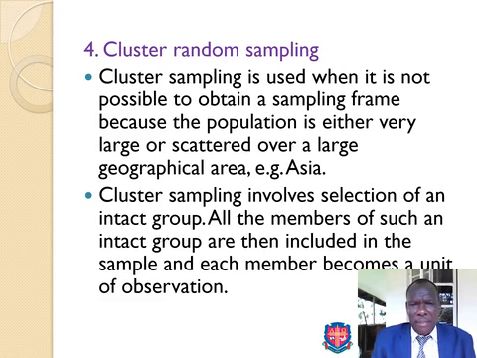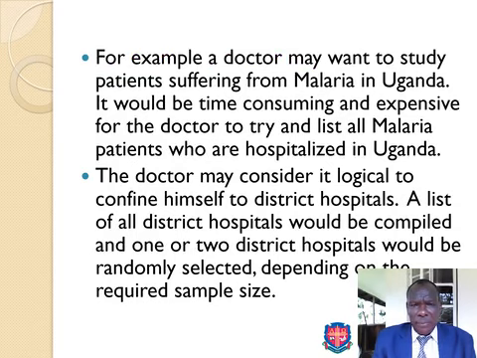So cluster sampling involves a selection of an intact group, and all the members of such a group are then included in the sample, and each member becomes a unit of observation. Example, if a doctor wants to study patients suffering from malaria in Uganda, it would be time-consuming and expensive for the doctor to list all the malaria patients who are hospitalized in Uganda.